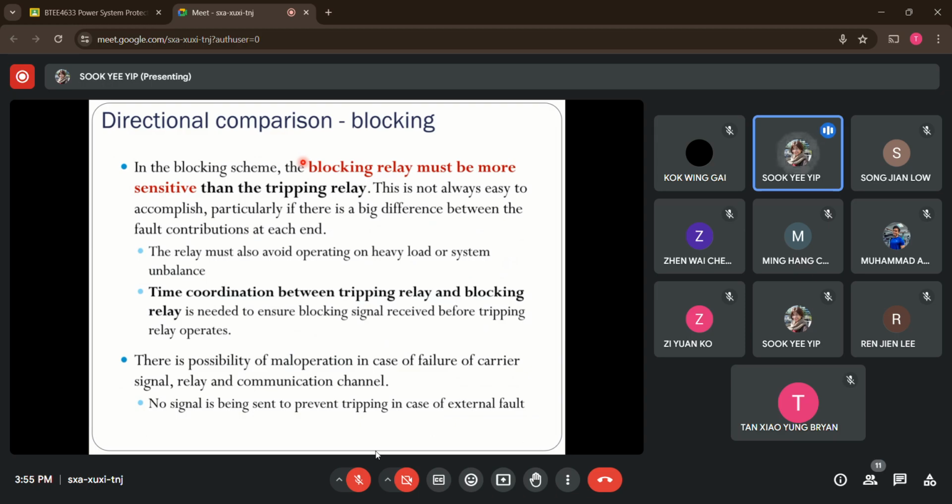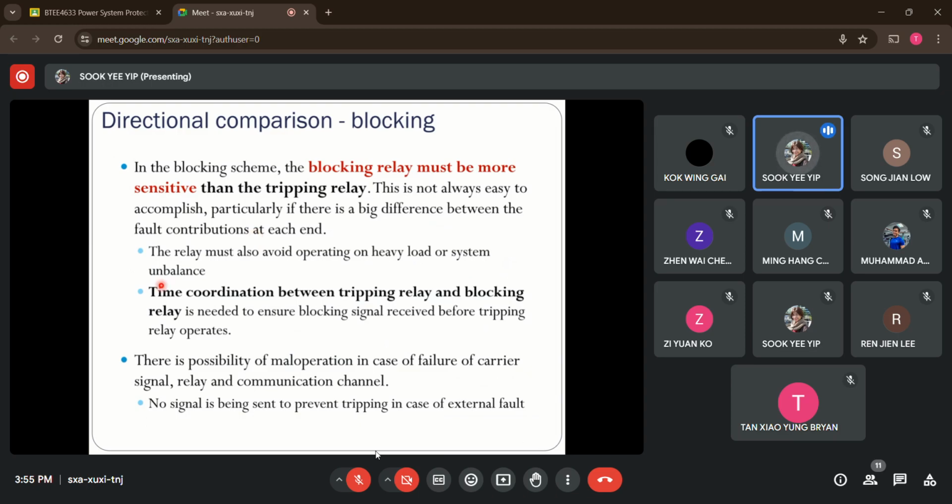So for such a blocking scheme, the blocking relay must be set to be much more sensitive than the tripping relay. But this is not easily achieved, especially if there is a big difference between the fault contributions at both ends.